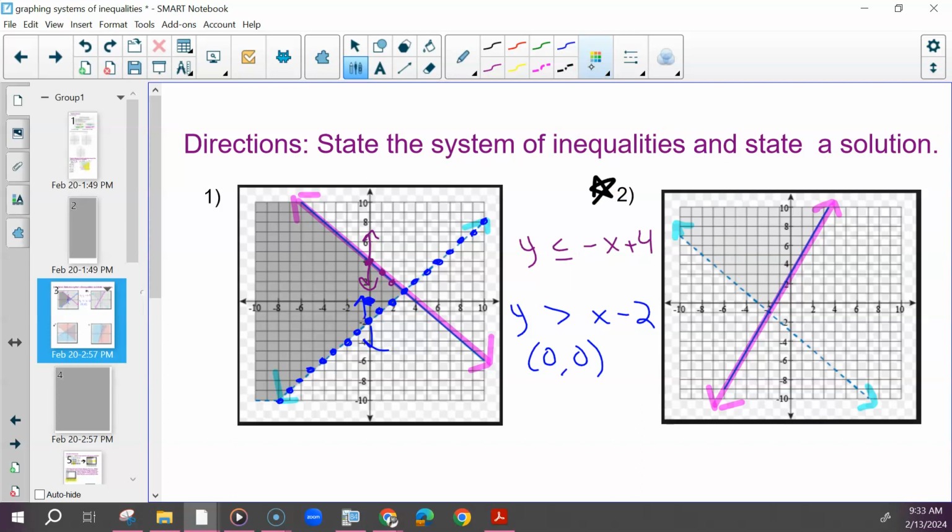Line here, where is that y-intercept? And then, what do you think that slope is? -2 for the slope.